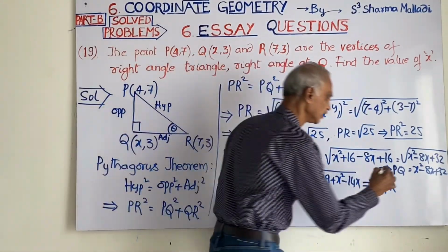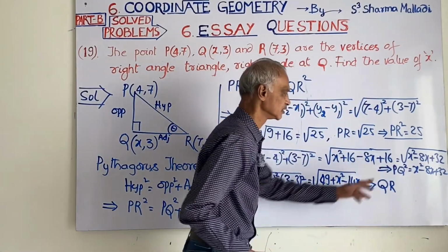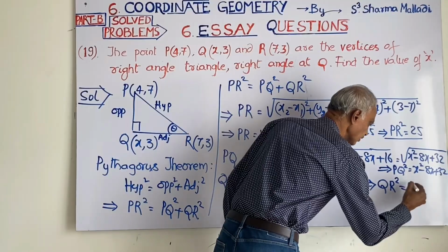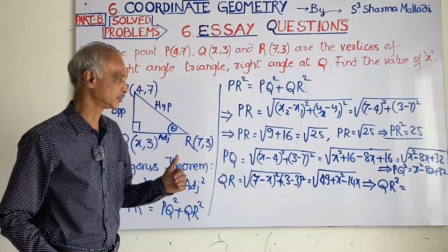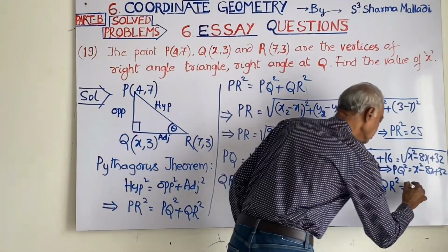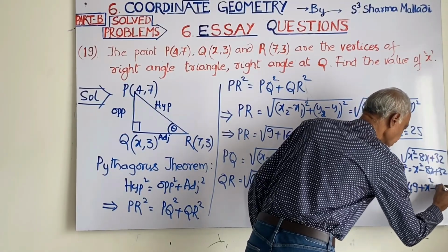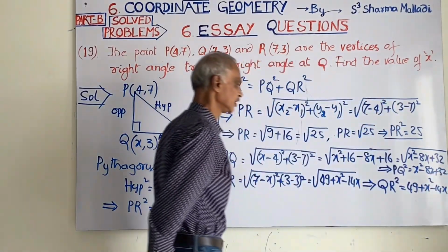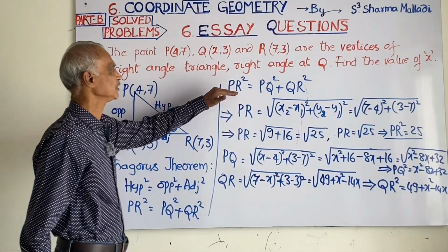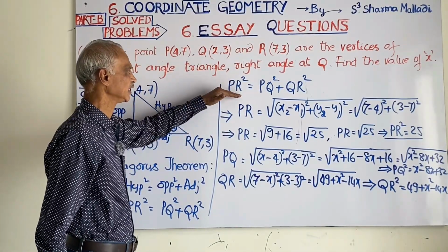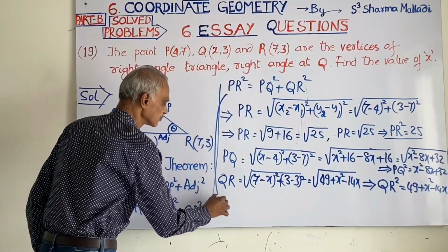This is PQ square. Now QR square, we have to remove the root: 49 plus x square minus 14x. Now you have PR square is equal to PQ square plus QR square. Now you take this formula.